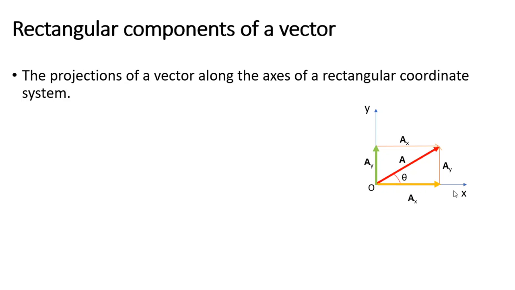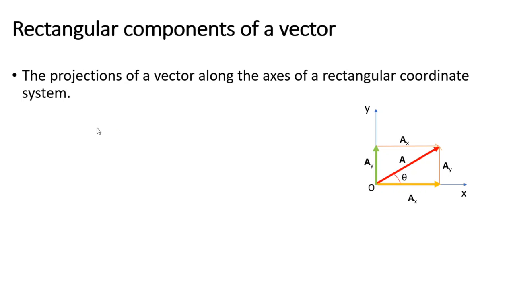So in the x and y axes of the coordinate system, if a vector A is given, then the projection along the x-axis is ax. So ax is the x component of vector A along the x-axis, and ay is the y component of vector A along the y-axis. Whenever we are given a vector A, we can just draw its projections and describe it in terms of its components.